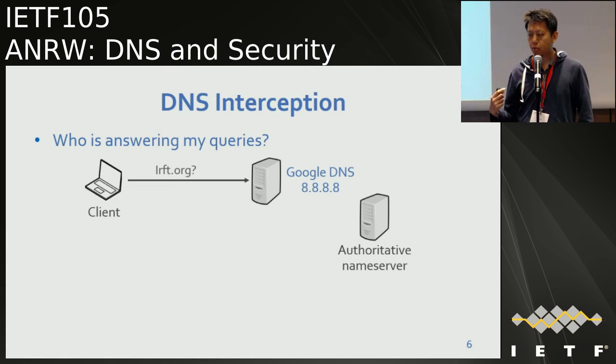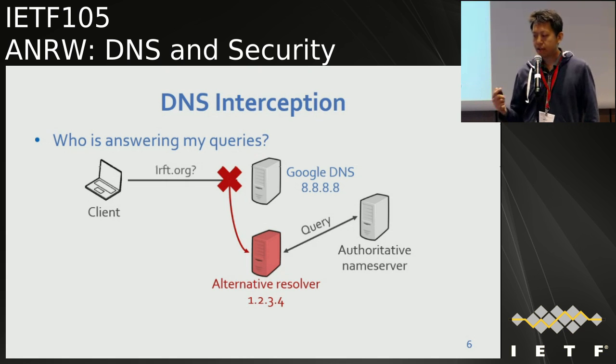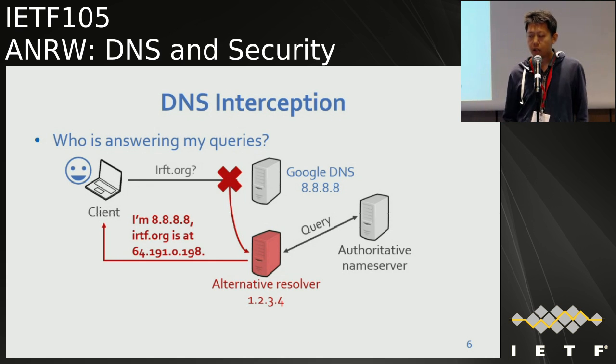In particular, we look into this specific case: there's a guy on the path who intercepts your DNS request and redirects it to an alternative resolver and lets this alternative resolver handle the resolution. Then the public DNS, say Google, will be kicked out completely from this picture, and this alternative resolver will do the query and the response handling and finally give the response to the user. So that's the main problem we look into in this work.